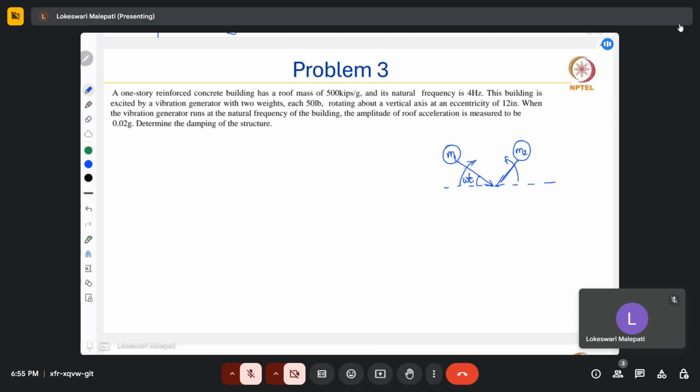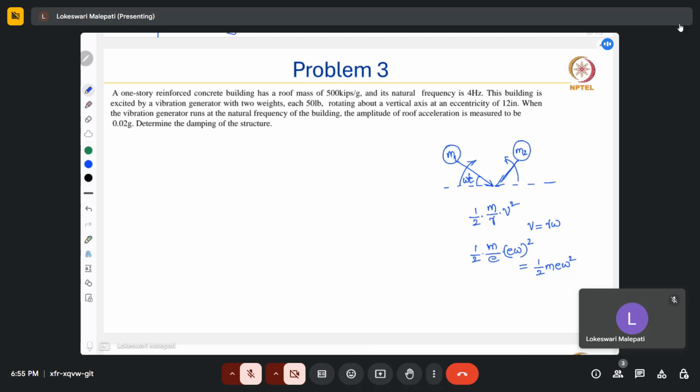Because of this rotation, there will be a centripetal force, which is half m v square. v can be written as r omega, where r is nothing but the eccentricity. So here we have half m e omega the whole square. So the total centripetal force is half m e omega square for each mass.